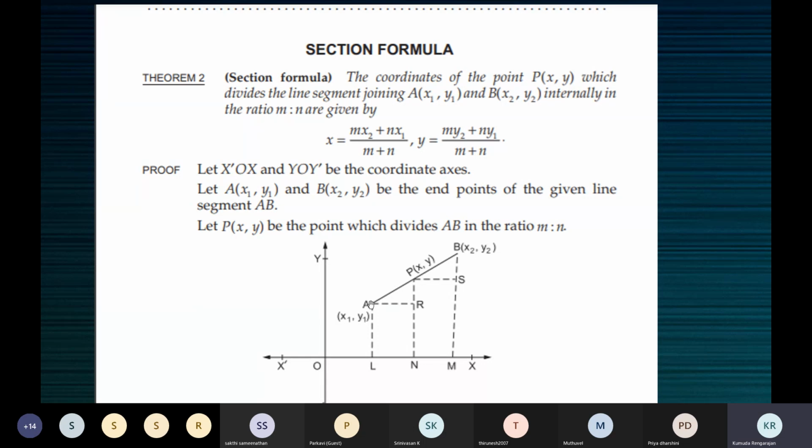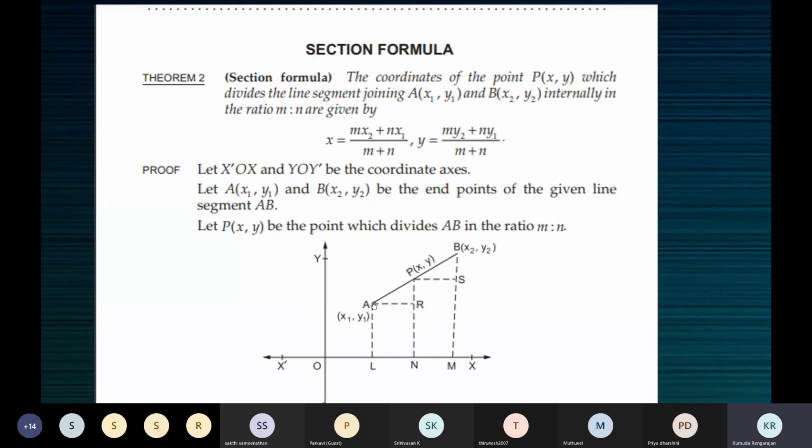After that, draw AR perpendicular to PN. Draw PS perpendicular to BM. That's how we get this figure. First join A and B. Take a point P(x, y) on it. From A, P and B, draw AL, PN and BM perpendicular to the x-axis.